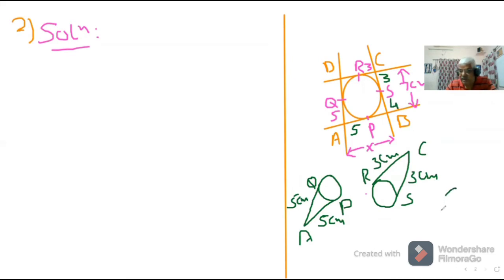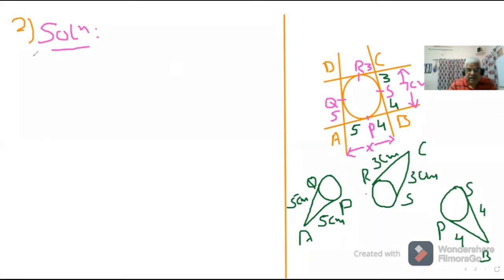Next, you have to consider the same circle. Here are the tangents from the external point S, B, and P. This is 4 centimeter, which means here also you will get 4. Therefore, overall measurement 5 plus 4 gives you 9 centimeter, the measurement of the given AB line. That's all.